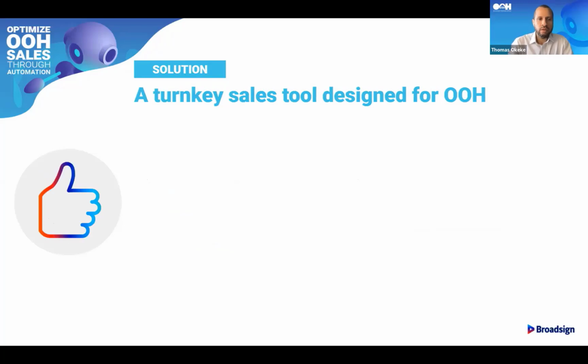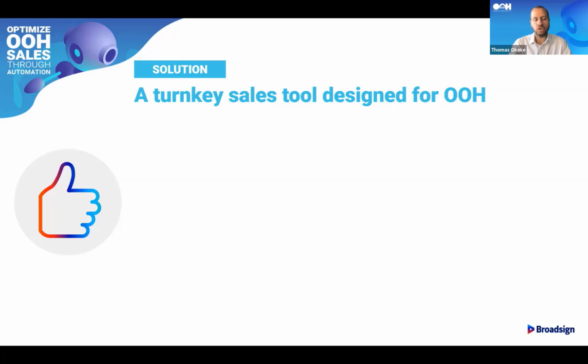So what things to look out for when looking into an out-of-home sales tool? Well, as Cecile mentioned, real-time availability is very important, especially if you have a larger sales organization or a lot of requests for proposals coming in or inquiries on your inventory.